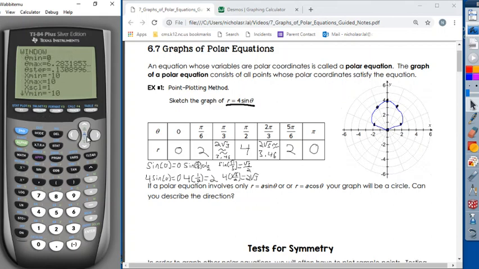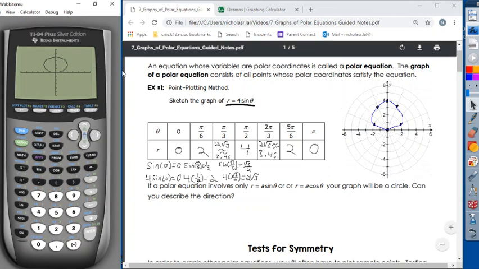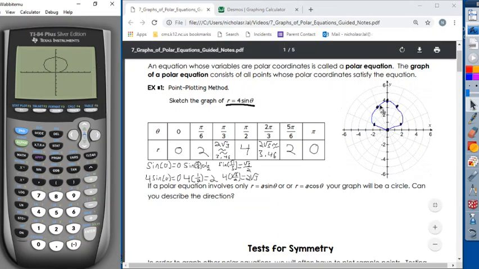Make our window go from -6 to +6 for both the x's and the y's. Let's graph it. Okay, so this is our angle that kind of matches up with this polar graph right here, a polar circle.